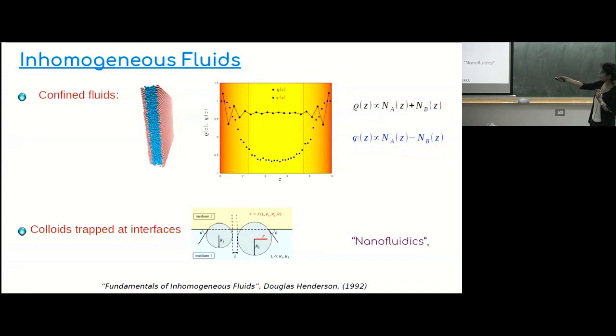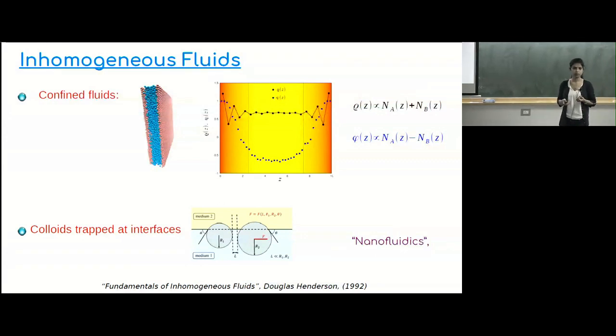Let's start from the surface. We know that this surface prefers A particles more. That's why, if you look at the concentration, it's positive close to the surface, and then as you go away it decreases. In the bulk it becomes minimum, and then the same thing happens for the other surface. The distance at which it crosses over from the positive value to the negative value marks the width of the surface adsorption layer.